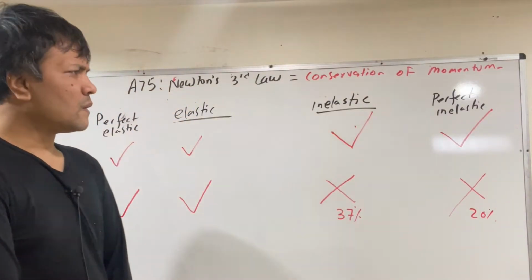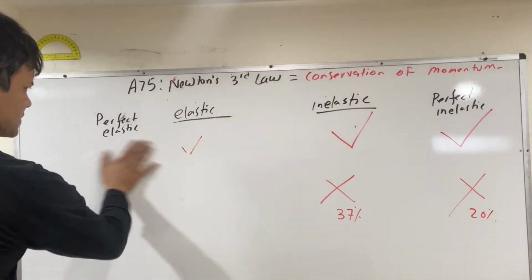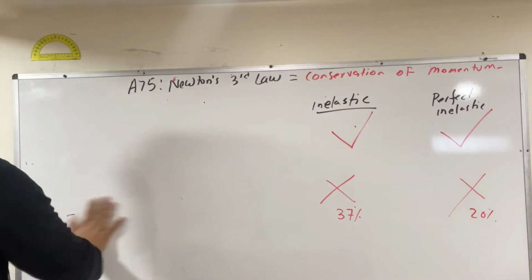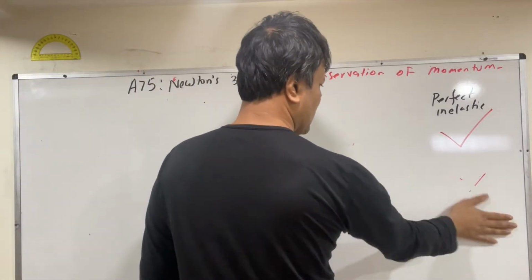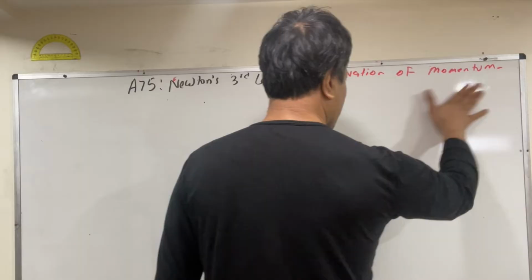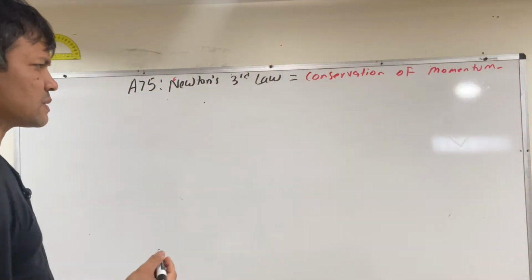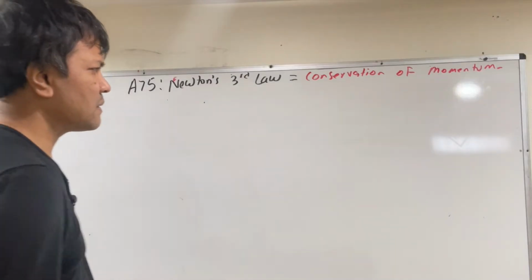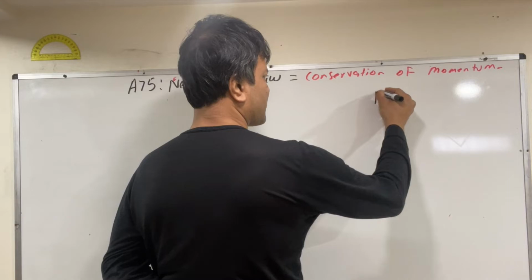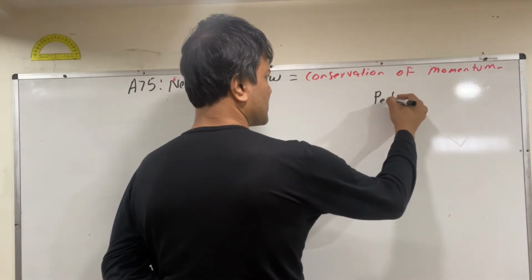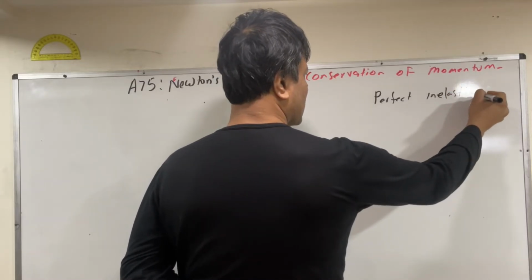Okay, I'm going to give you the equations now, but of course the equations have to make sense. So to help you understand those equations, I'm going to construct some scenarios, right? So let's start here. This is inelastic, or perfect inelastic collision, right?